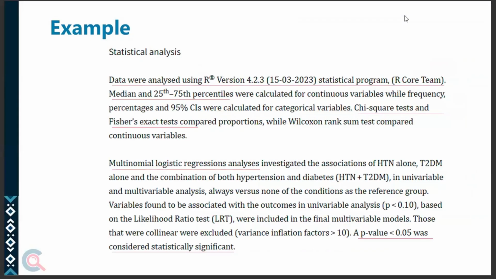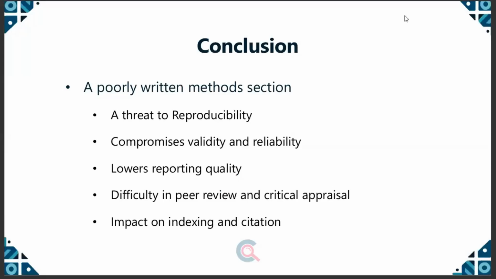Also, there's the section on the statistical analysis: the statistical software that was used, which was R version 4.2.3, the percentiles, the median, the frequencies, the proportions, the confidence intervals, the different statistical tests, which are chi-square and Fisher's test, the logistic regressions that were used in the analysis, and also the p-value that was used for statistical significance.